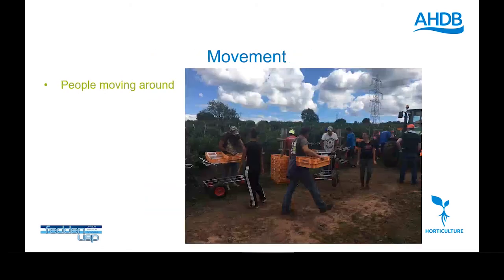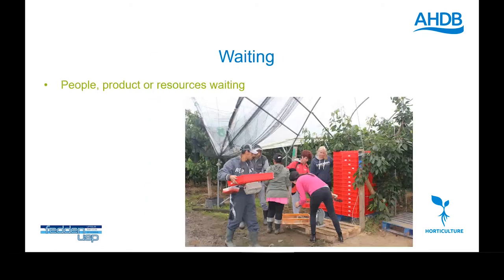So it's sitting being batched up. We often find that people are waiting too. Without wanting to pick on people in this particular picture, there's probably a couple of people there waiting for information, waiting for instructions, waiting for the next job, etc. So people, resources, product, waiting. We often find that waiting is a huge thing within a process.